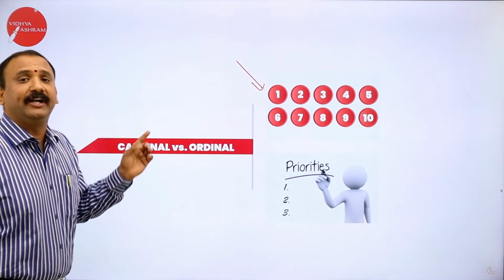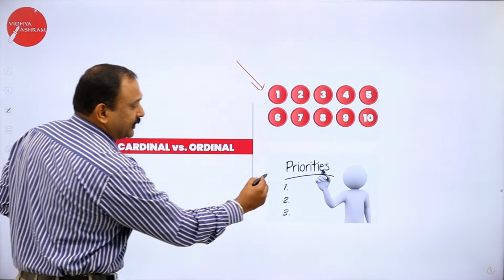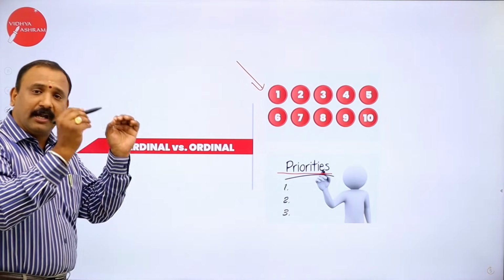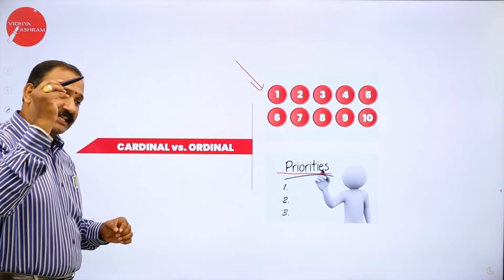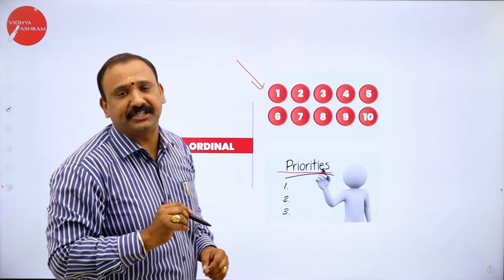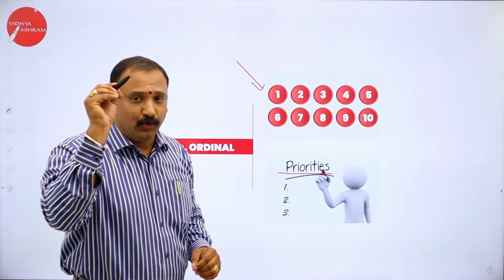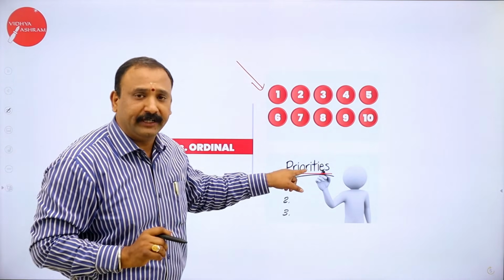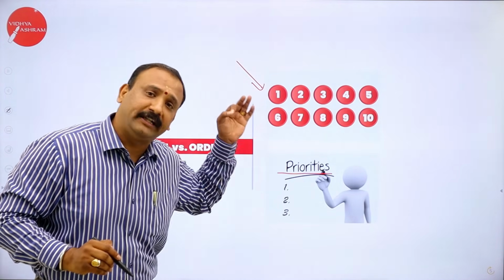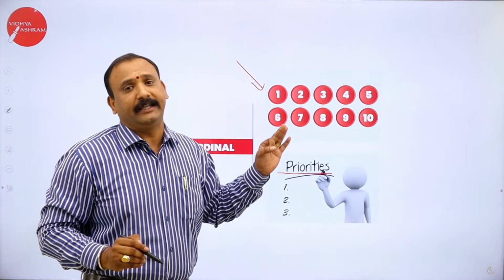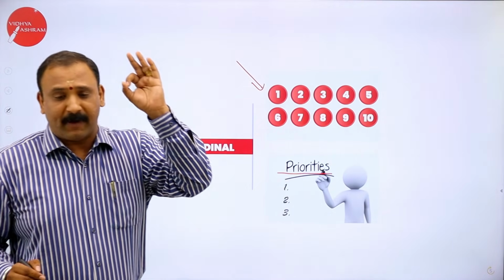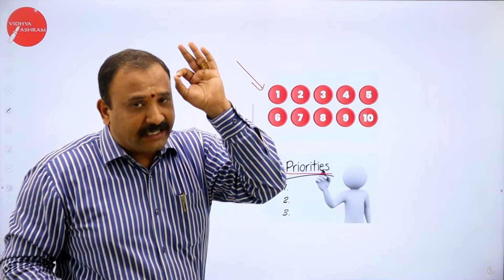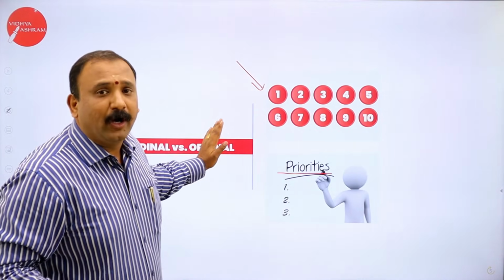The moment I use the word ordinal, it is priorities. I keep underlining this word priority because even from the examination standpoint, the key word you need to keep in your mind is priority. When they ask you what is ordinal utility, keep in mind that ordinal utility is all about priority.